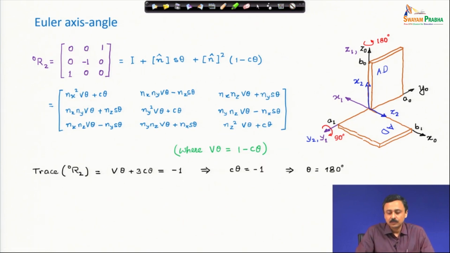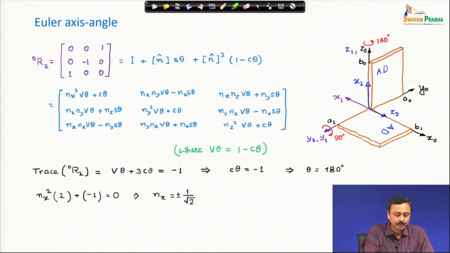Therefore, cos theta is minus 1, theta is 180 degrees, and it can be minus 180 degrees as well. For the other calculation, now I know theta, therefore I can find out any of these elements.